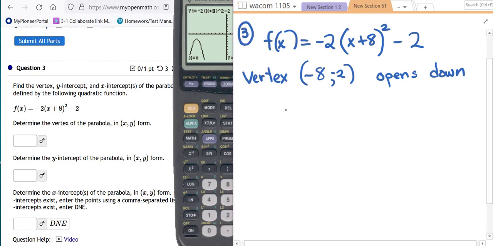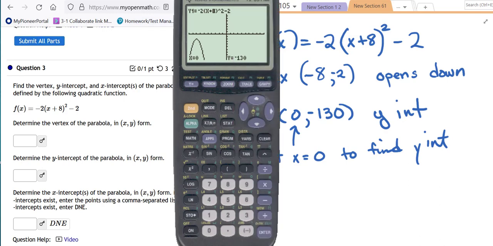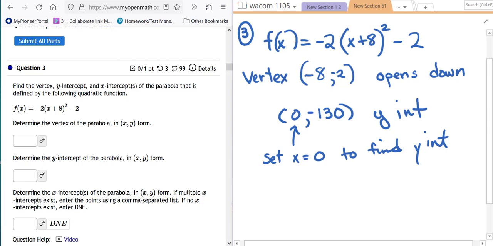So (0, negative 130) is the y-intercept, right? And that is by definition because I set x equal to 0. All right, and the vertex we found (negative 8, negative 2), just from the form.